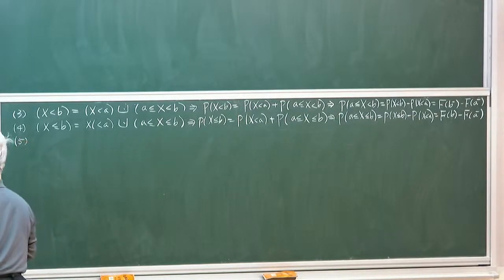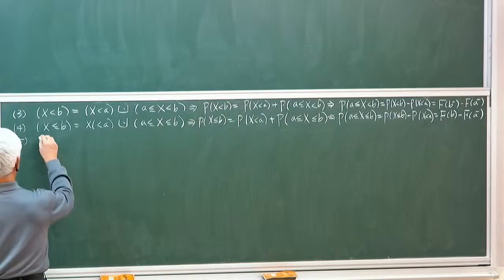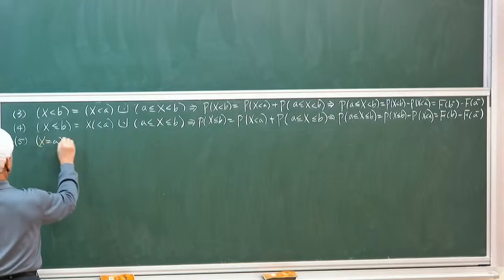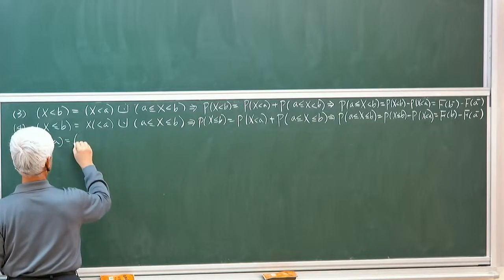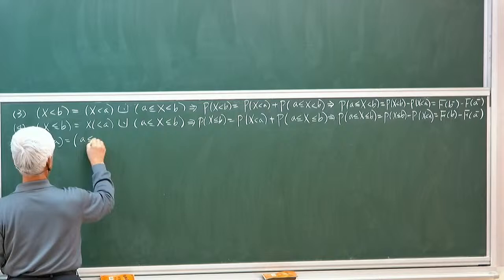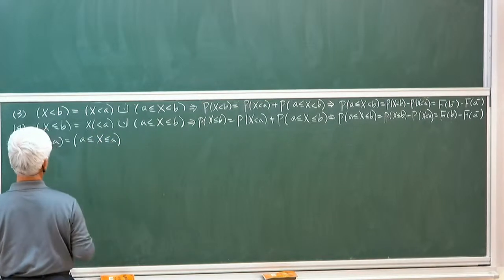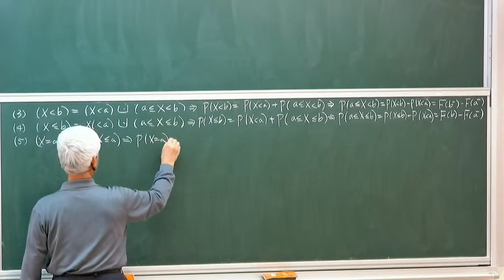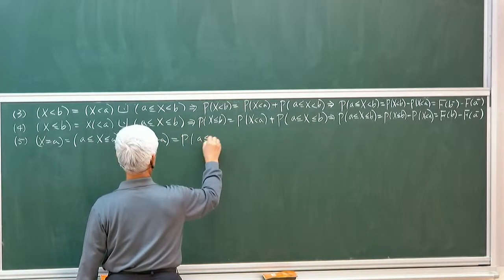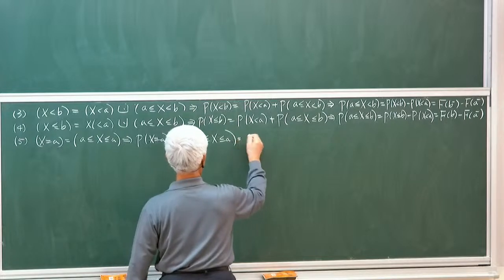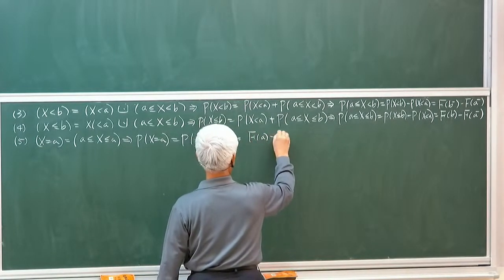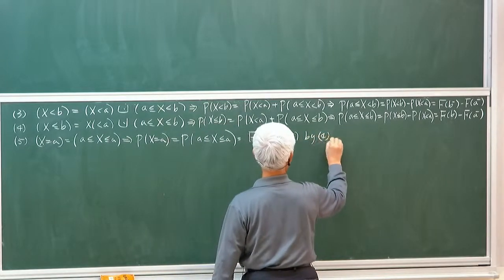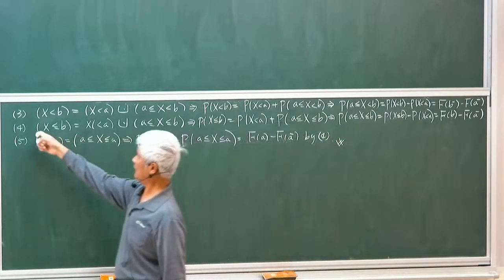And the fifth one, we know the probability of X equal to a is equal to, by property 4, the following.